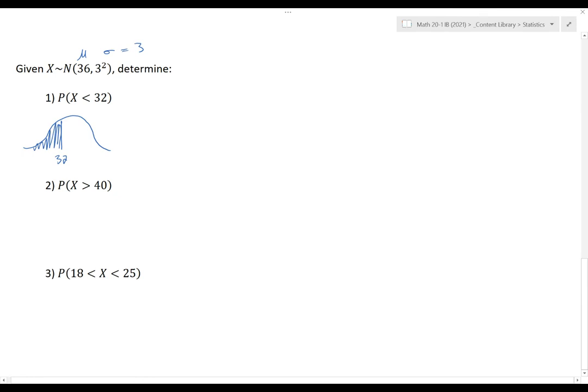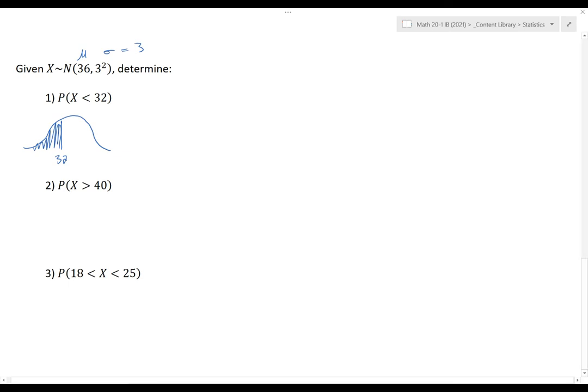We're going to use a normal CDF, and here we don't have a lower bound. So you can use a lower bound that's, let's say, like if I said 0, 0 is 12 standard deviations below the mean. So that's definitely going to be enough. Or you could say negative a million, whatever you want as a lower bound, but it has to be far enough away from the mean that it's not going to be highly probable anymore.